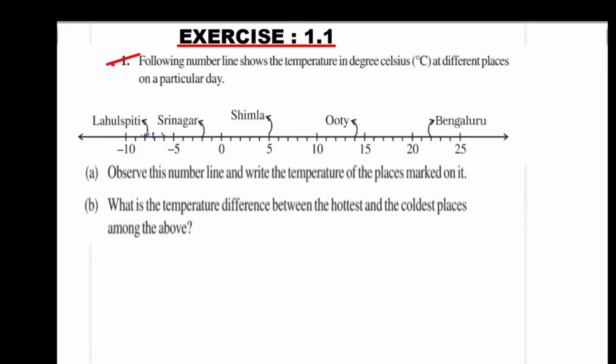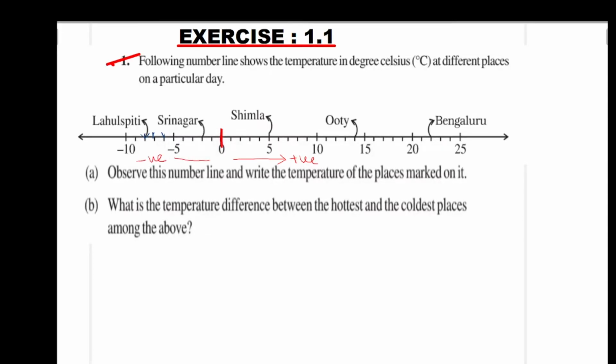Here the initial point, that is 0, is here, and we know that on the number line, from 0 towards the right hand side it is positive, and towards the left hand side it is negative.